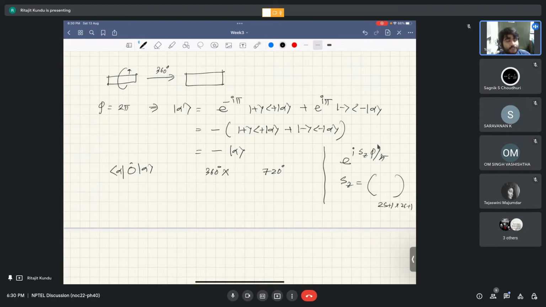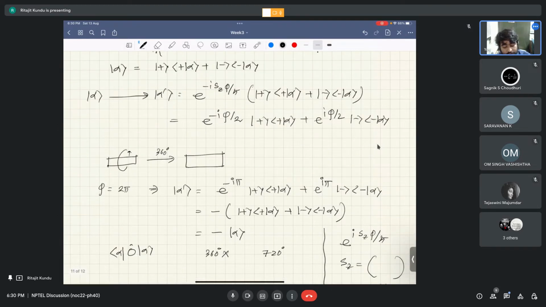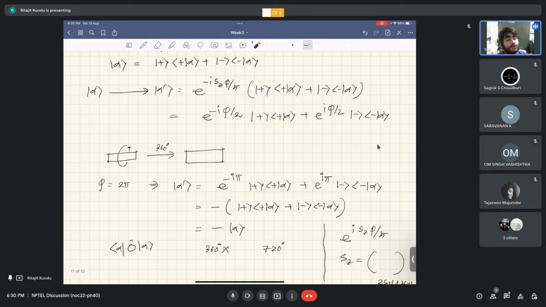And in that case you will find out that this phi by 2 which appears for the fermionic case, like these are the spin half particles, right? For spin half particles, this fractional factor appears only here, but for bosonic things you will not have this problem. So for bosons, when you go for 2 pi, the state will come back to itself.